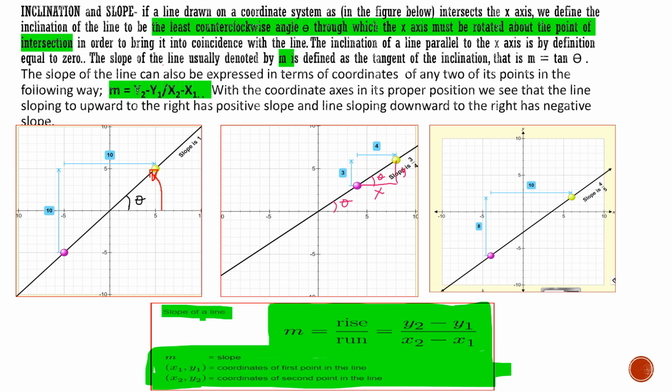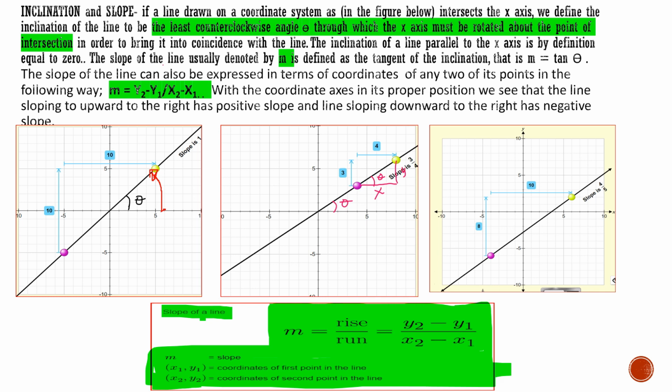You go counterclockwise from here; this is where your 0 starts, counterclockwise. Now the slope is called tangent of theta, because it is opposite over adjacent.